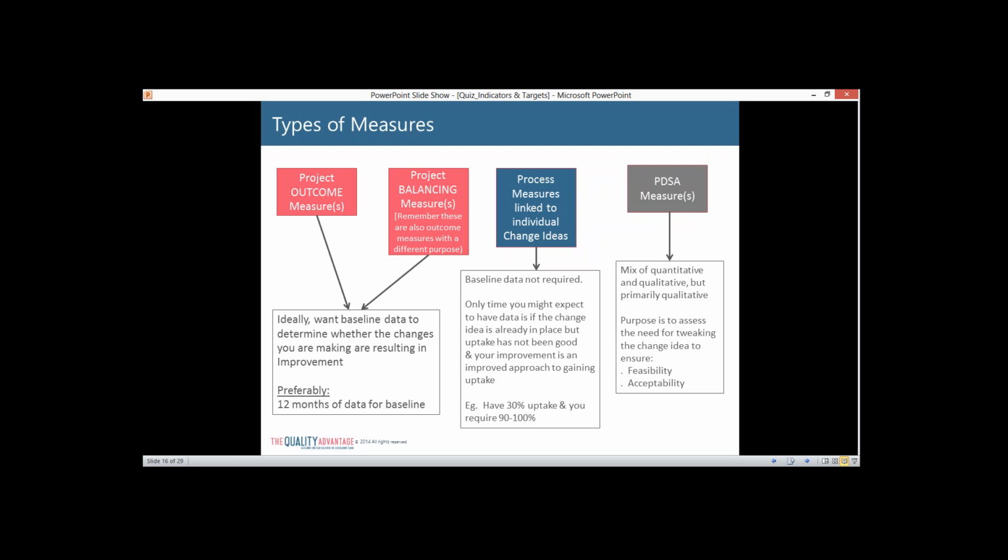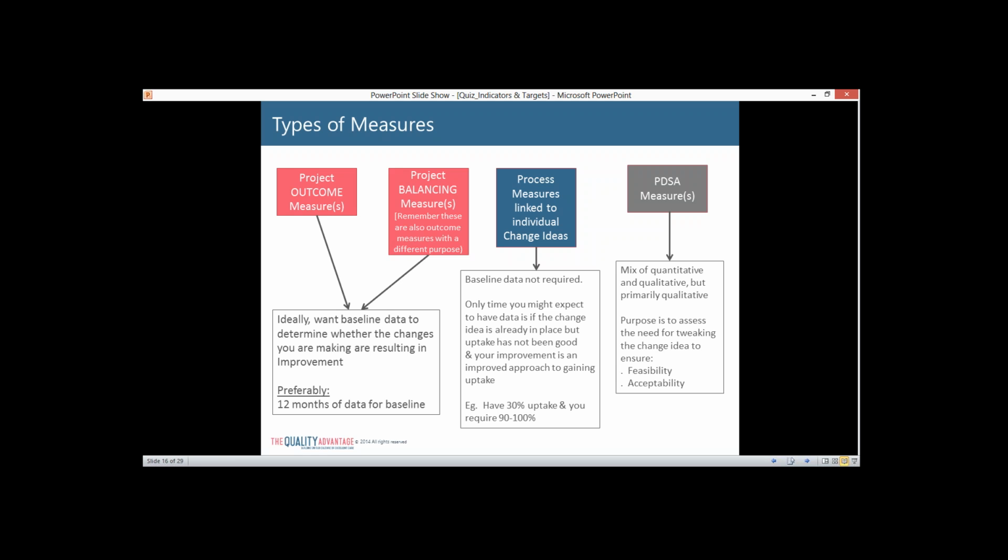So to give you an example, a few PDSA type measures linked to a PDSA cycle might be determining whether the new practice, whatever it is, adds time or workload. So you might actually time it before and then time the new process and see whether or not it's taking longer to do.